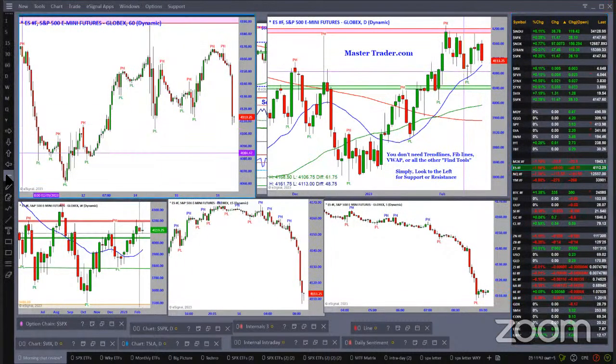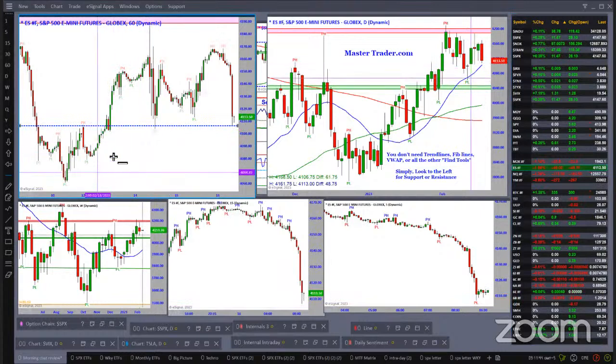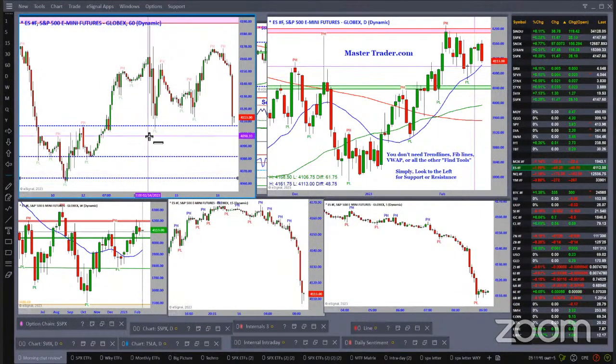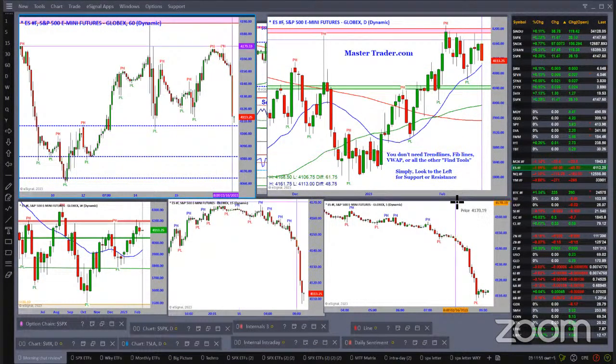I'll say it every day: look to the left. And 4,100 is going to be a big level right there. You could look at the open interest there if you choose to. I suspect it's probably pretty beefy. I know 4,000 is, but it ain't going down there today.